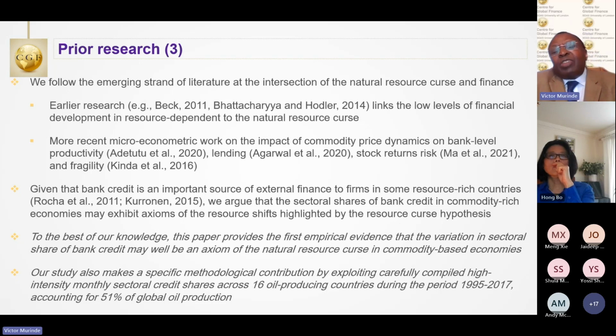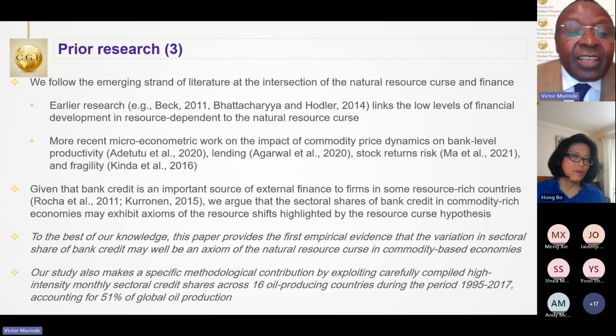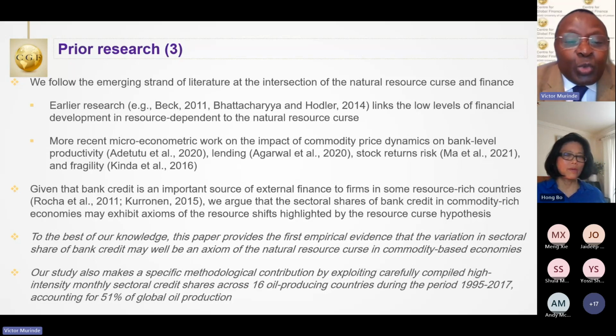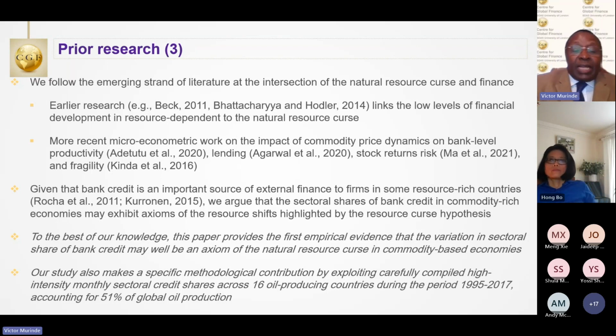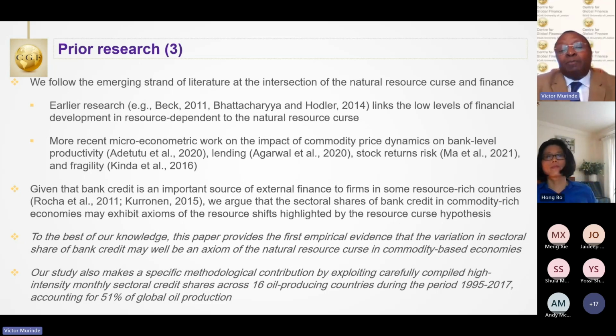But there has also been some recent microeconometric work on how commodity price dynamics affect bank-level productivity. My co-authors and I did a paper in 2020, published in Economics Letters, in which we use bank-level data to show clearly that the natural resource curse can directly affect productivity within the banking sector.